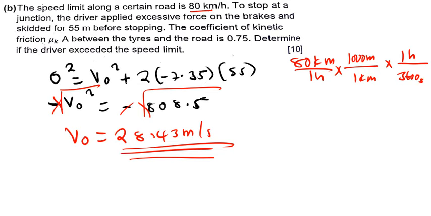So kilometer and kilometer can go, hour and hour can go. These 20 can go, these 20 can go. Meaning I've remained with 80 times 10, which is 800, divided by 36. I'm getting 22. So meaning that 80 kilometers per hour is the same as 22.22 meters per second.